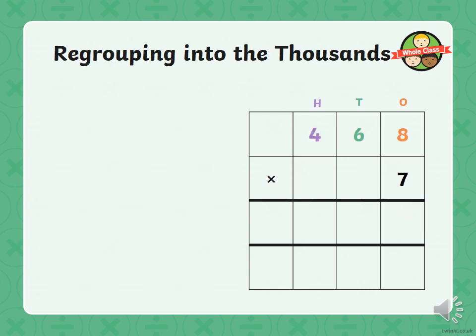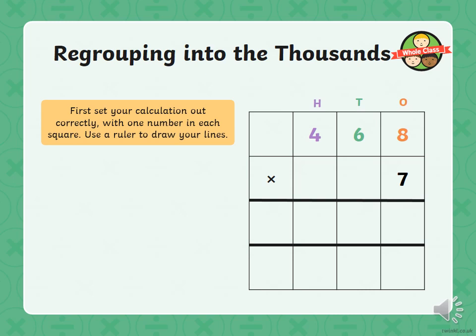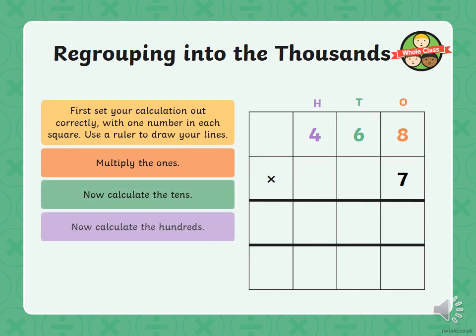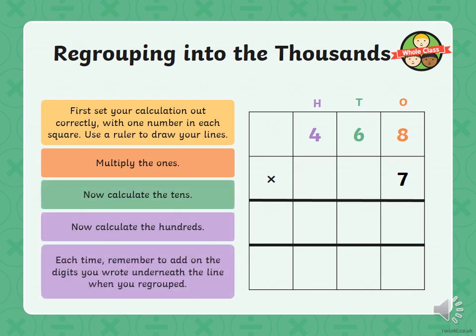Now it gets a bit tricky when it comes to regrouping into the thousands, hundreds, or just regrouping in general. First, set out your calculations correctly. Multiply the ones, the tens, the hundreds. Each time remember to add on the digits you wrote underneath the line when regrouped. So 8 times 7 is 56.